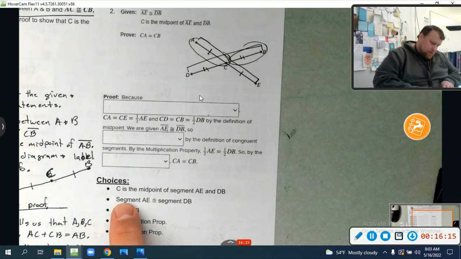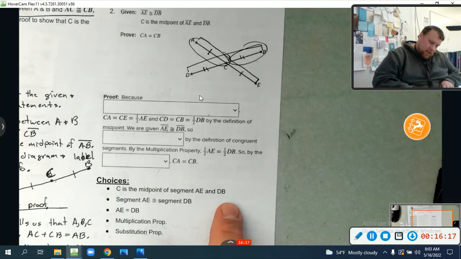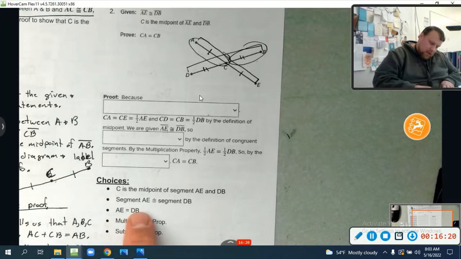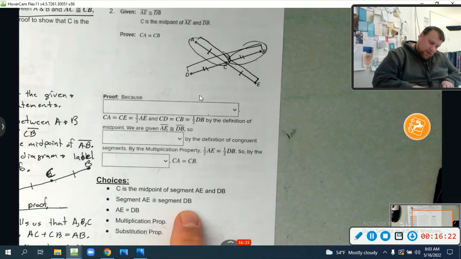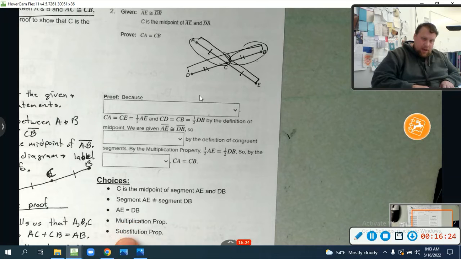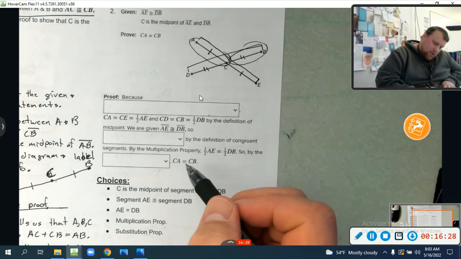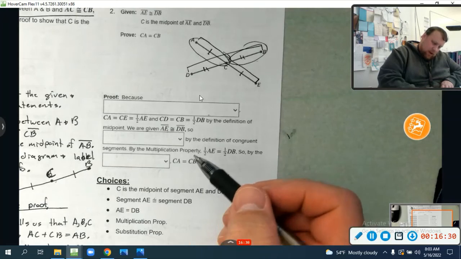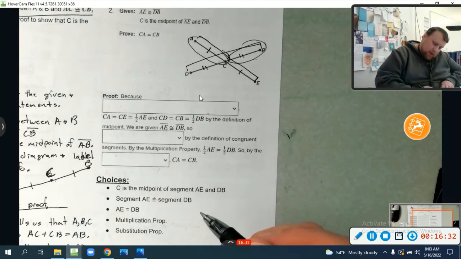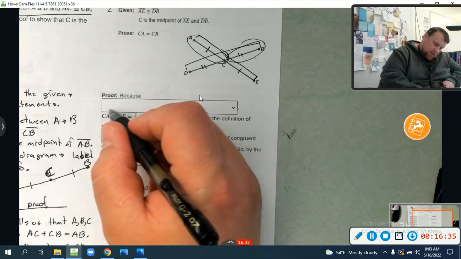We have choices. C is the midpoint of segment AE and DB. Segment AE is congruent to segment DB. AE equals DB. Multiplication property and substitution property. So let's talk it out. First of all, we start out with our given. We're given C is the midpoint of AE and DB.